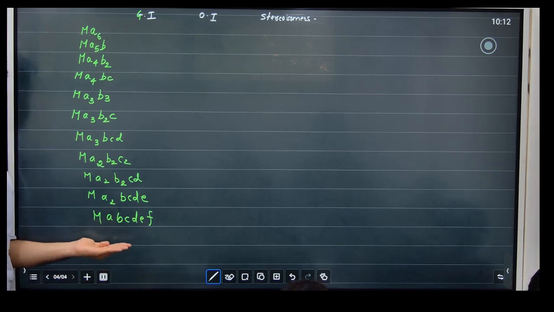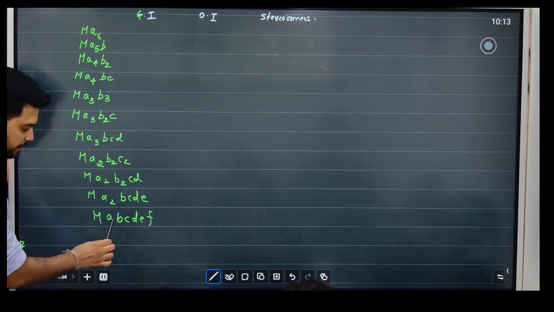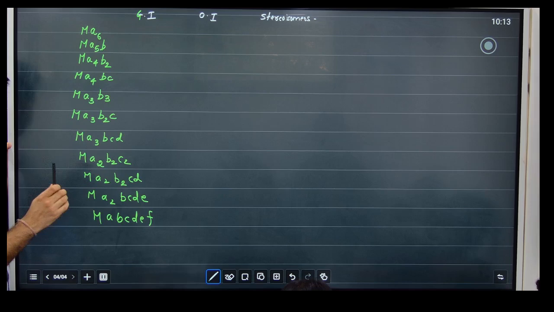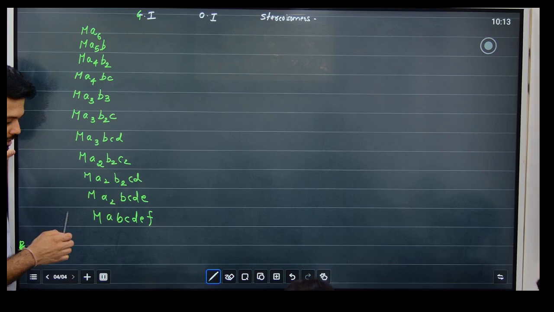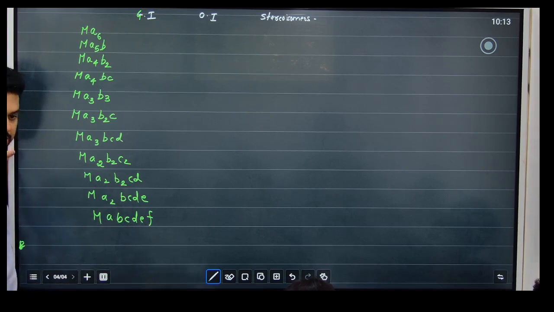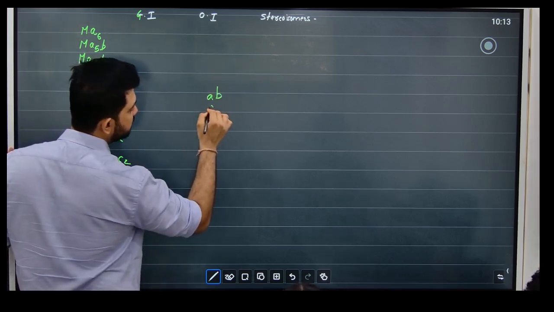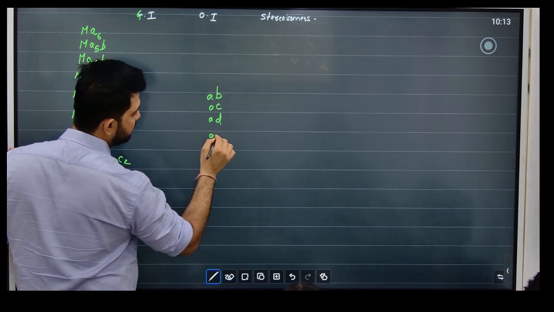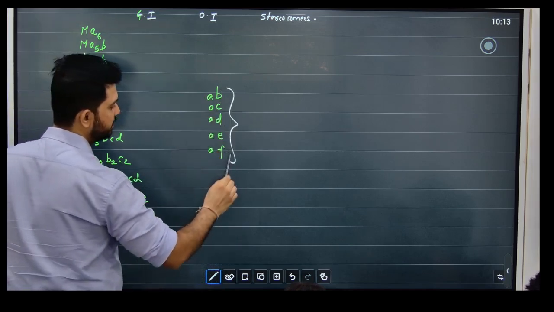Now if you look at M, A, B, C, D, E, F, which are the different combinations that you can make? It's just about finding different combination, people. AB can be one combination. So AB can be with respect to each other cis, with respect to each other trans. Then AC, AD, AE, AF. So how many such combinations are possible just with A? कितने combinations है people यहाँ पे? 5.